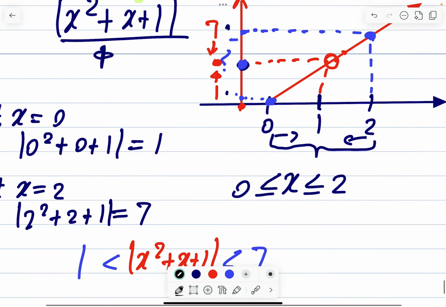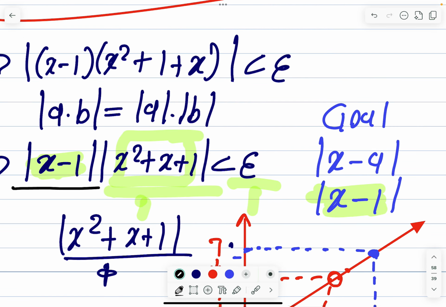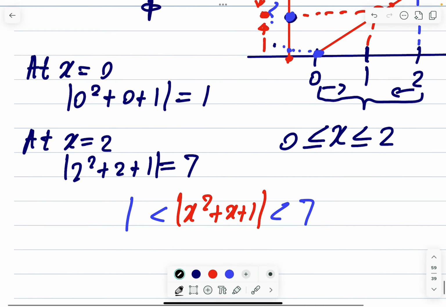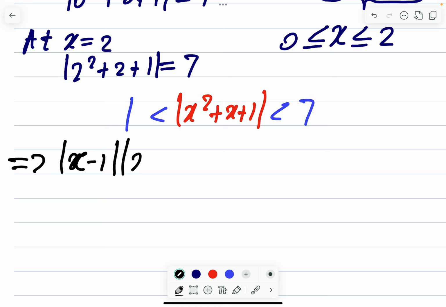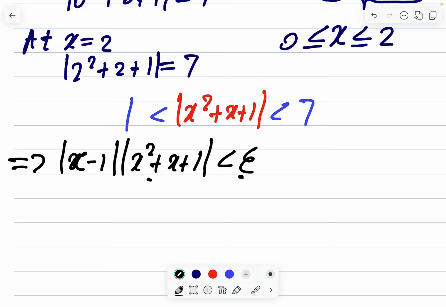So remember, continuing with our thing, what were we saying? We were saying this thing implies that x minus 1, which is our goal, we want to find it, then we have x squared plus x plus 1. We created the values. So which one to pick? If you put 1 here, you are telling them that 1 is less than epsilon. Right?